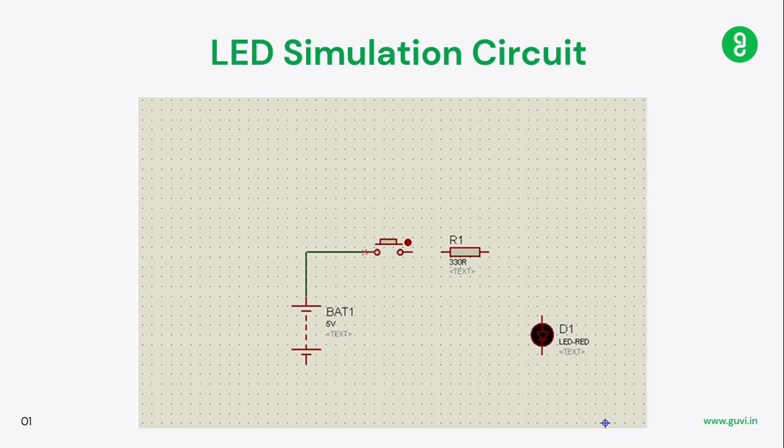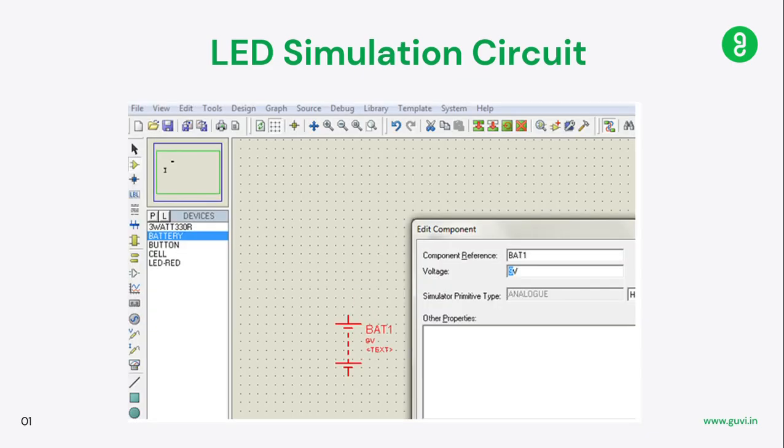You can also change the voltage level of the battery through the added component present in the software. Changing the battery voltage has a big effect on the output.